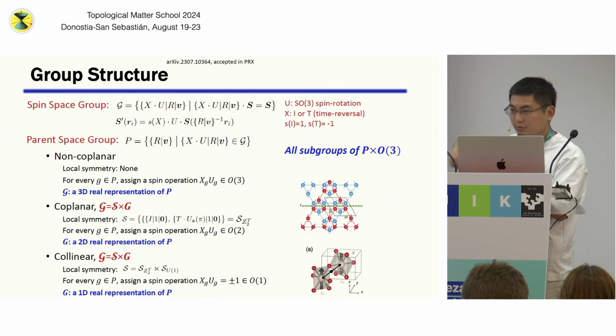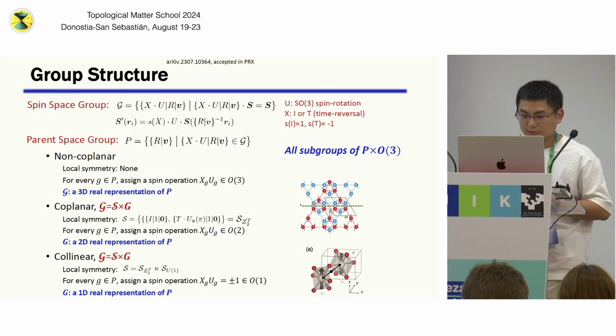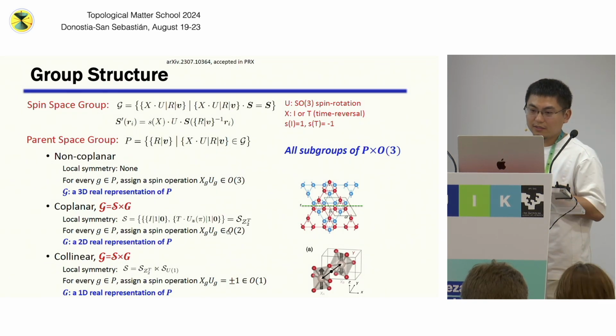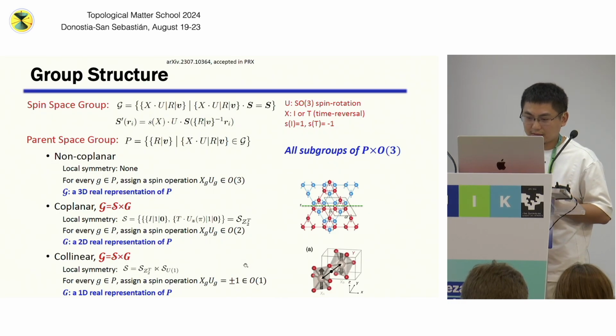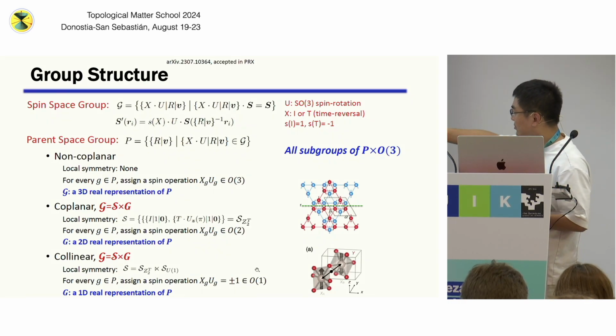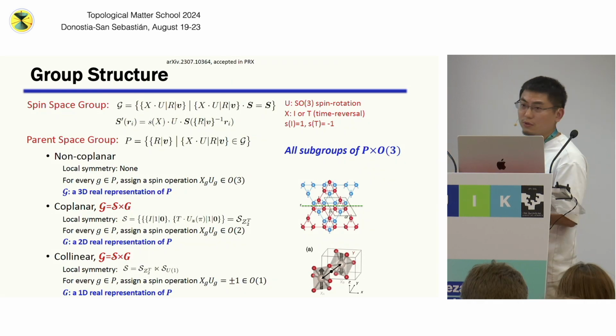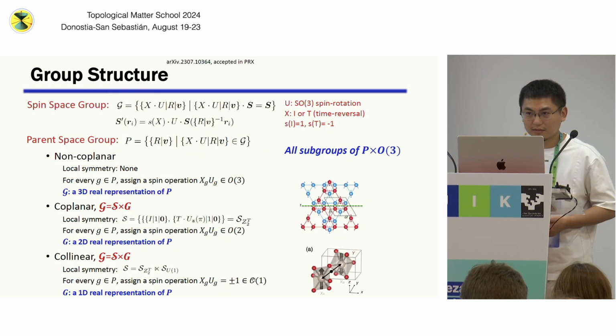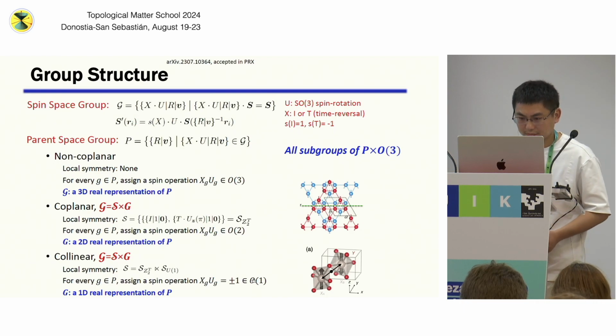Because we only have two directions for the spin. So in this case, for the coplanar case, we only need to find all the possible two-dimensional representations, right? And similarly, if all the moments are collinear, we only need to find a one-dimensional representation, right? So the framework is very simple.